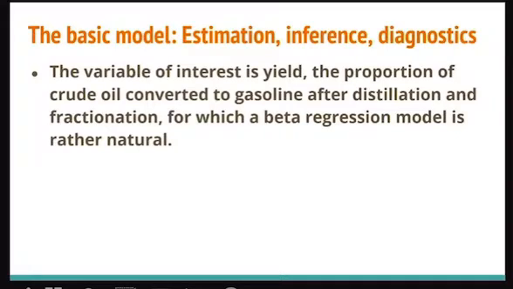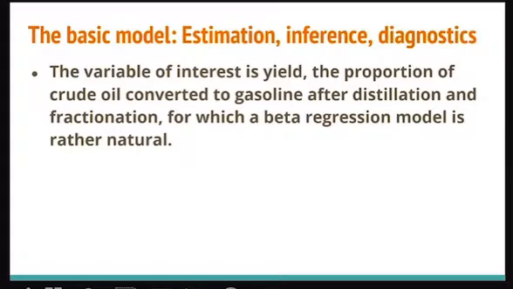Let me tell you this. For those of you who have an idea of chemistry, or you've done some distillation before, it is not all the crude oil that will be converted to gasoline. So that is where proportion is going to come in. We're talking about yield now.